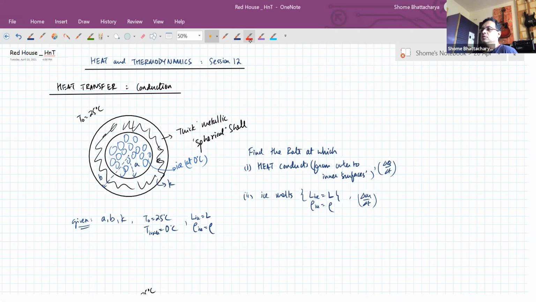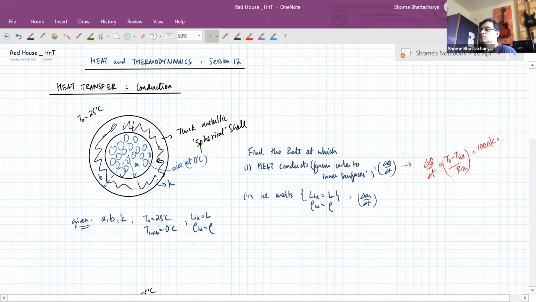Okay, so we found out this part. Now from this we have to find the rate of melting.